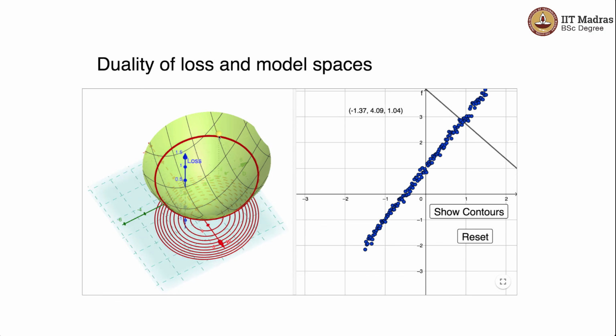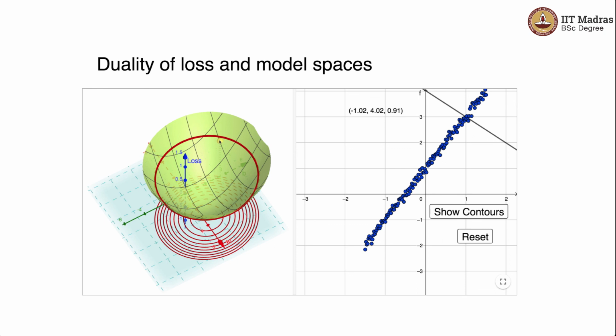And as we traverse the loss surface, each instance where we stop on the loss surface gets us a new model, right? We'll be using these concepts in optimization, which we are going to study next.